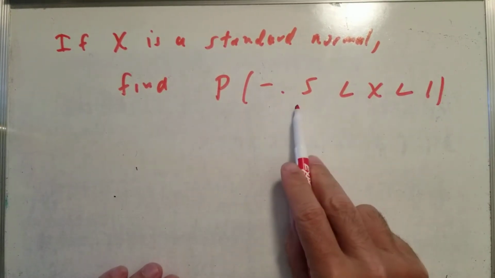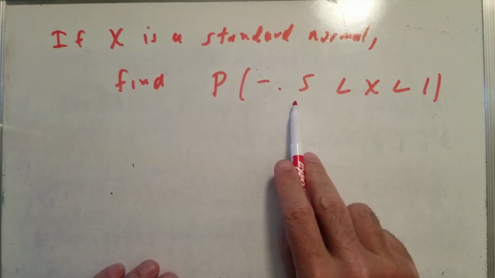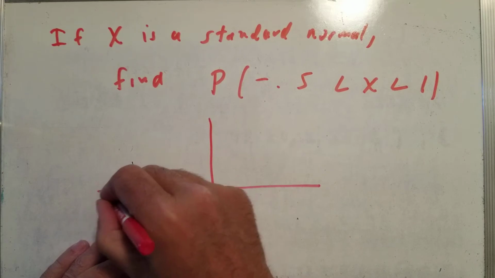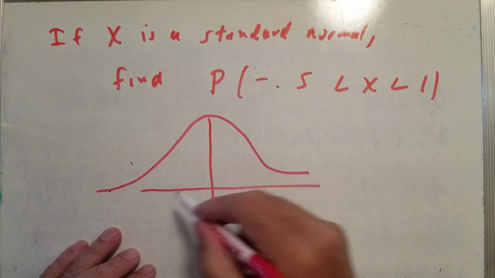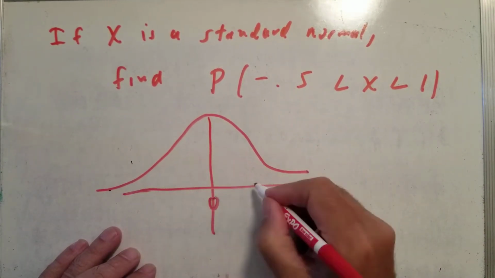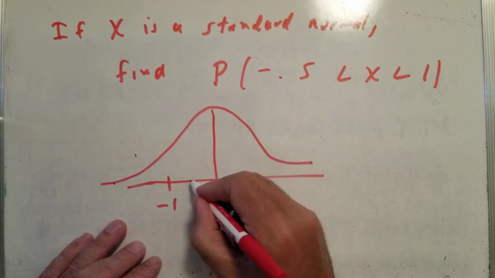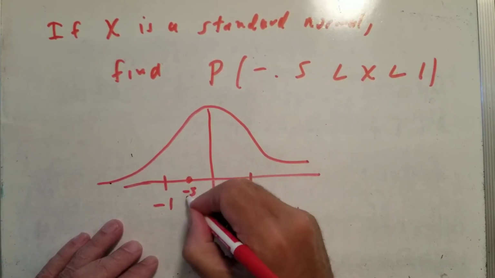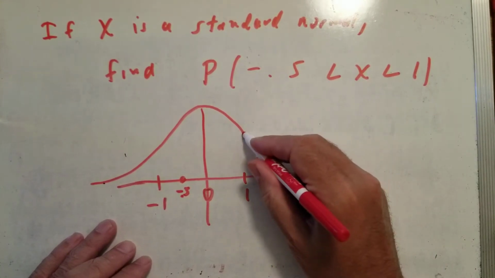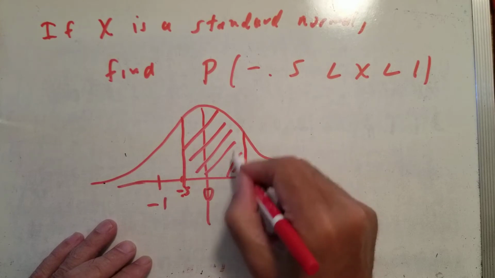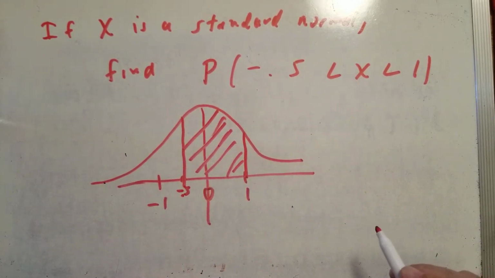In other words, the value that this random variable is between -0.5 and 1 on the picture. So there's my graph of the standard normal. 0 is in the middle, 1 is about there, -1 is about there. So -0.5 is about there, and 1 is there. So what we're talking about is calculating that shaded area, which represents the probability.